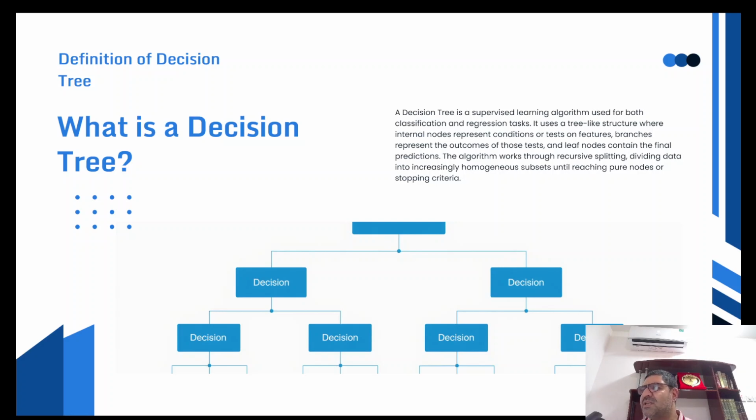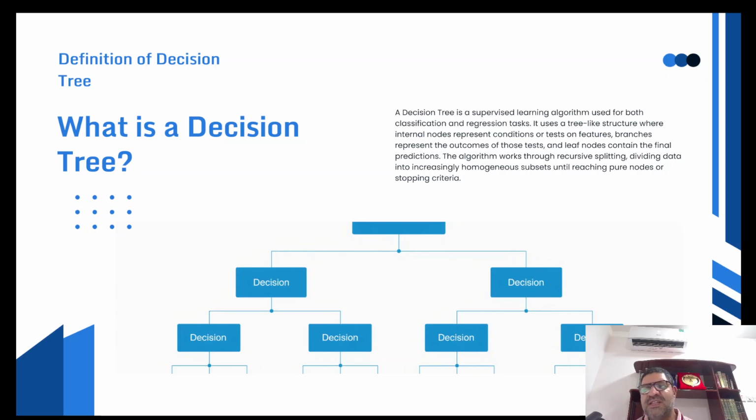It uses a tree-like structure. So it will have a logic tree, and we'll be deep diving into that. The example is given there, but we'll take a much deeper look at what exactly this tree is. It has a tree structure where internal nodes represent conditions or tests on features.